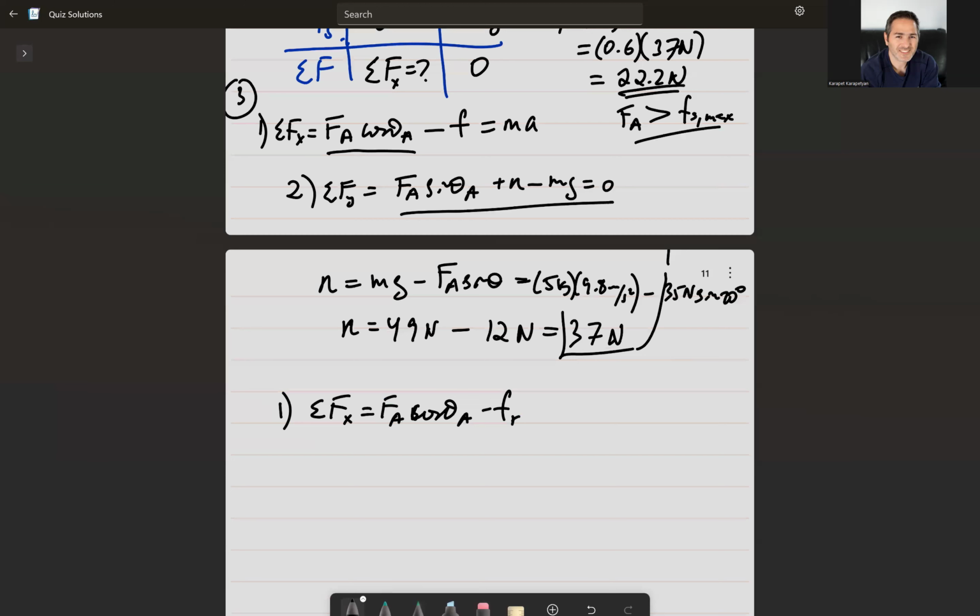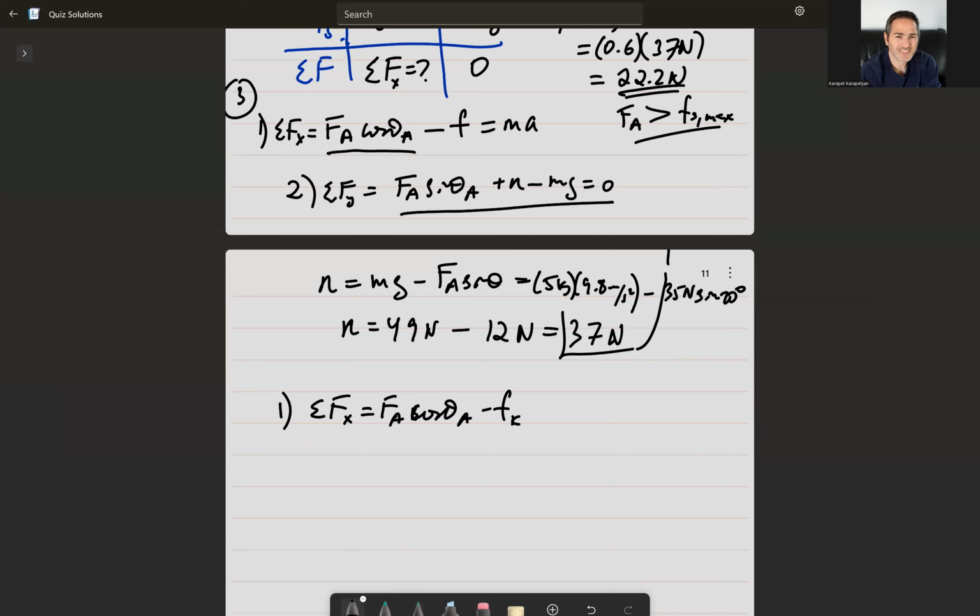I have to now use kinetic friction. Because as soon as you have an applied force stronger than the static friction force, for the net force, you have to use kinetic friction to calculate some kind of non-zero net force. Because remember, static friction is only acting as long as it's not moving, and it balances the applied force.